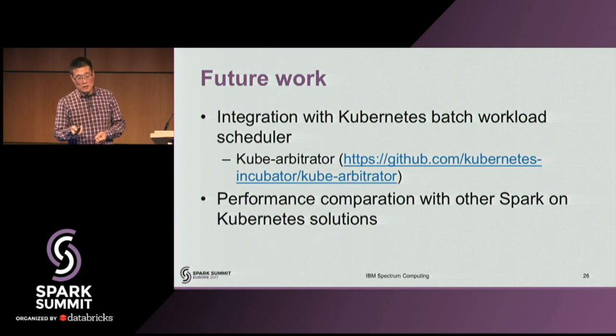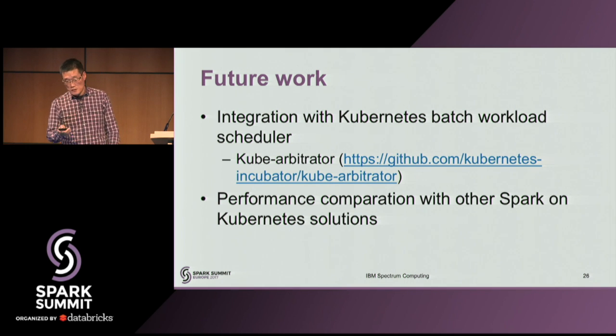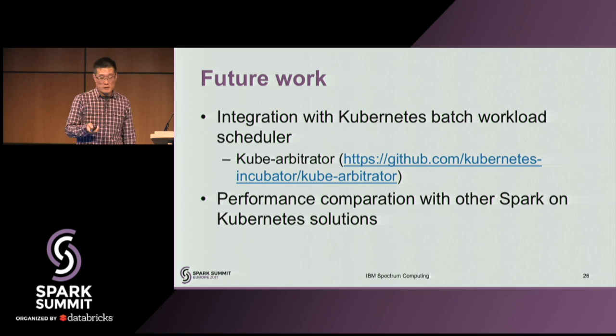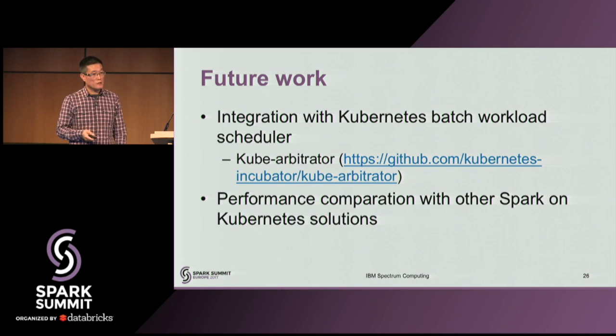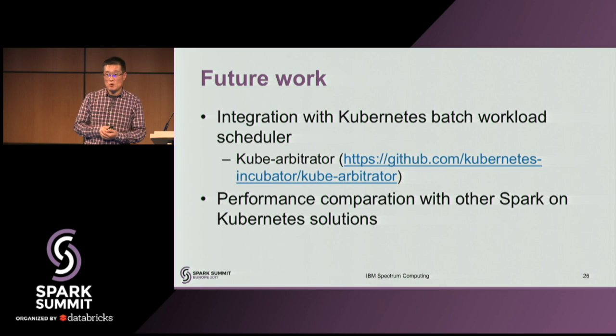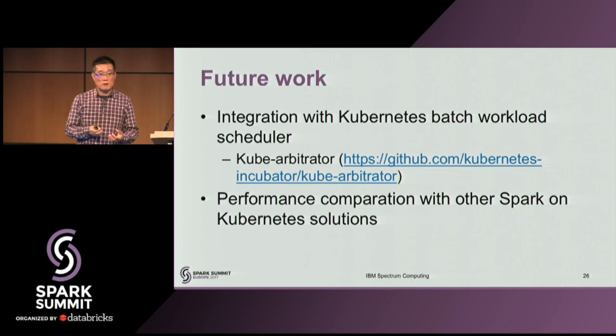Fortunately, there is a Kubernetes arbitrator on track, so we may integrate with it later. The second one is that we will continue the topic by doing more serious performance benchmarking of our solution against other, even open source, solutions.